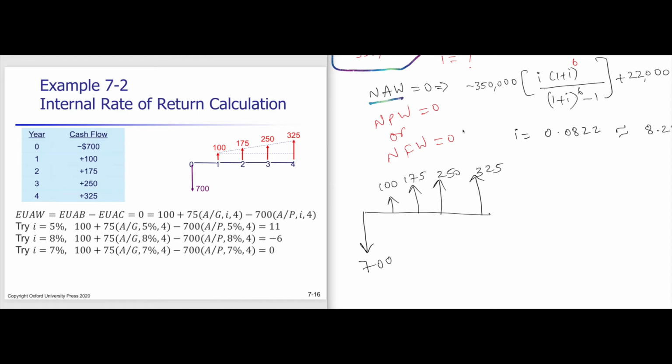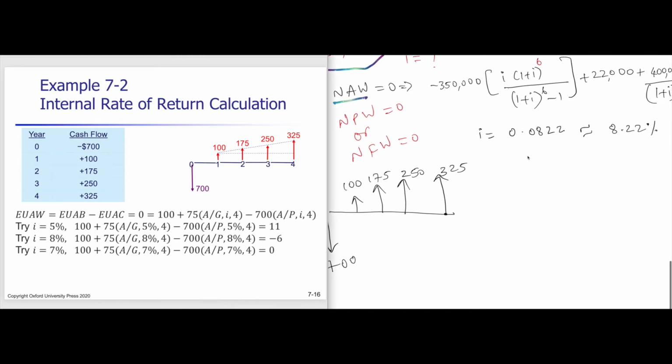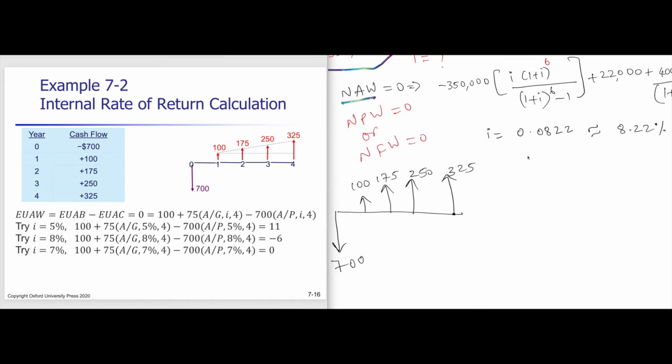We have to convert it into a right cash flow.